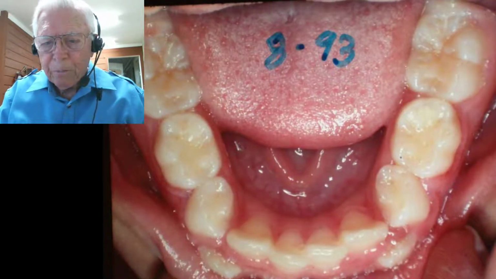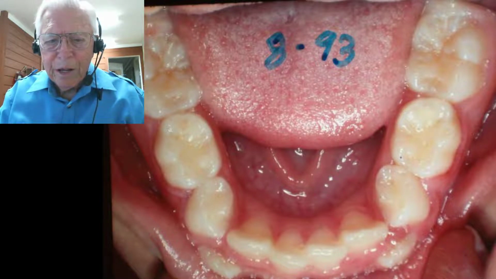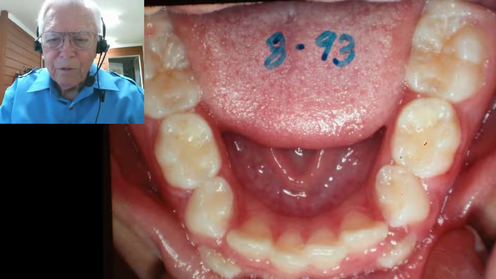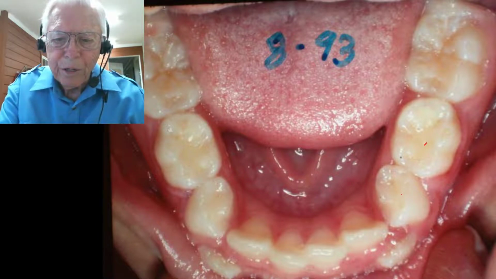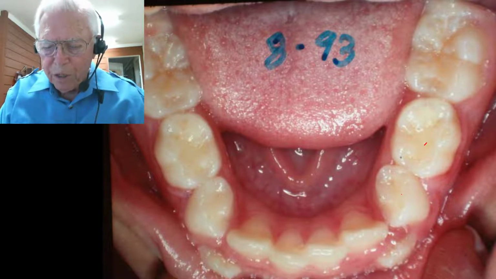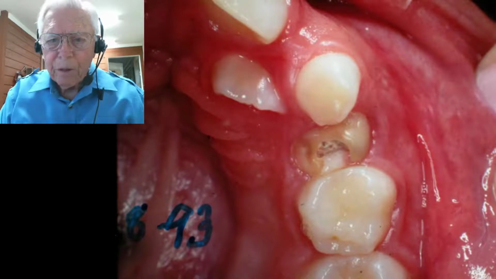Of course, your cuspids are completely crowded out, and you've got your first and second bicuspids in here, and your cuspids got to fit in there. So we took some teeth out to do this.